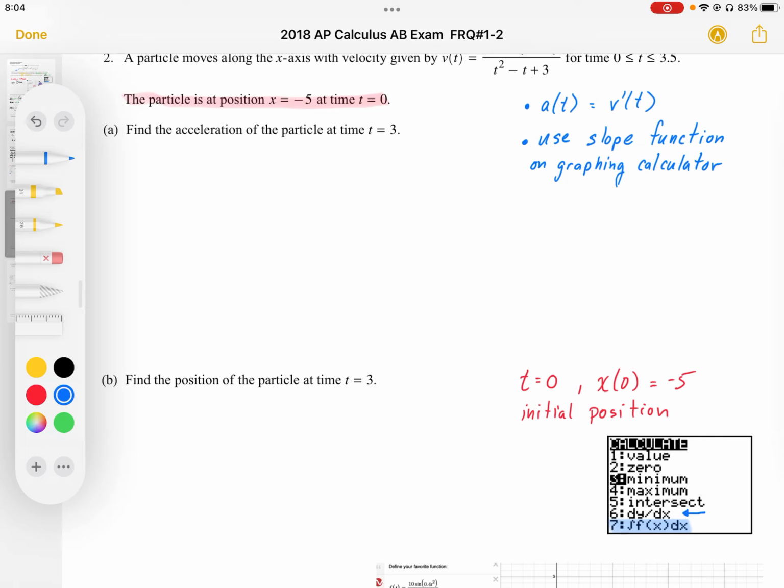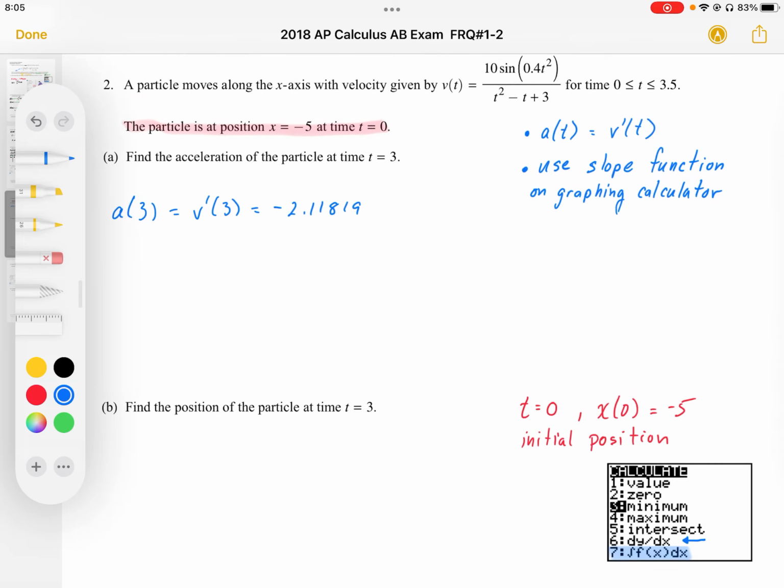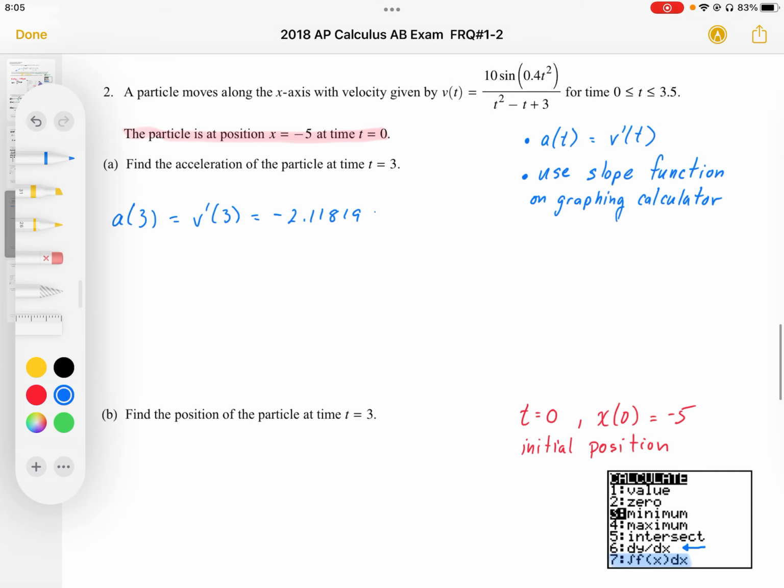So a of 3 is equal to v prime at 3, and from the calculator we're going to get negative 2.11819. So our acceleration is going to be negative 2.11819, and that I think is in meters per second.